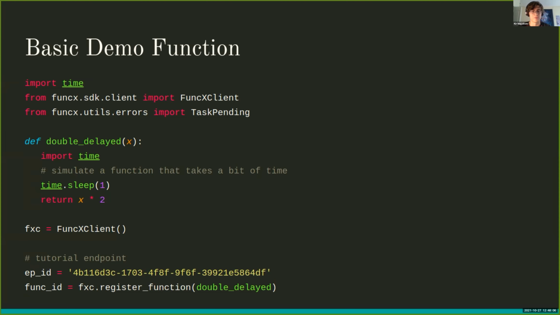This is just simulating a function that takes a little bit of time. No real work is being done here, it's just a demo function. And I'm using the tutorial endpoint here, but you could plug in your own endpoint ID if you spun up your own funcX endpoint on your local machine or whichever machine you want, if you wanted to try and run this code.